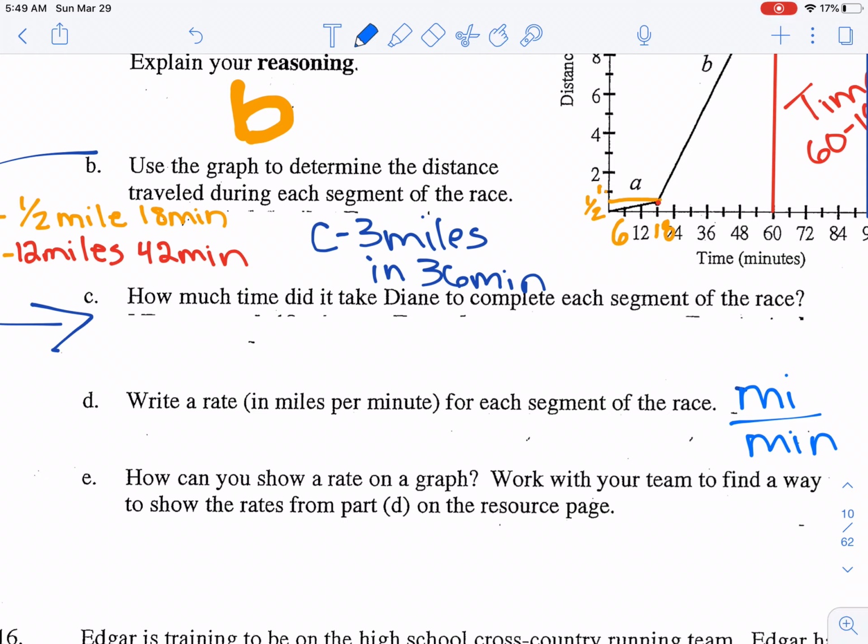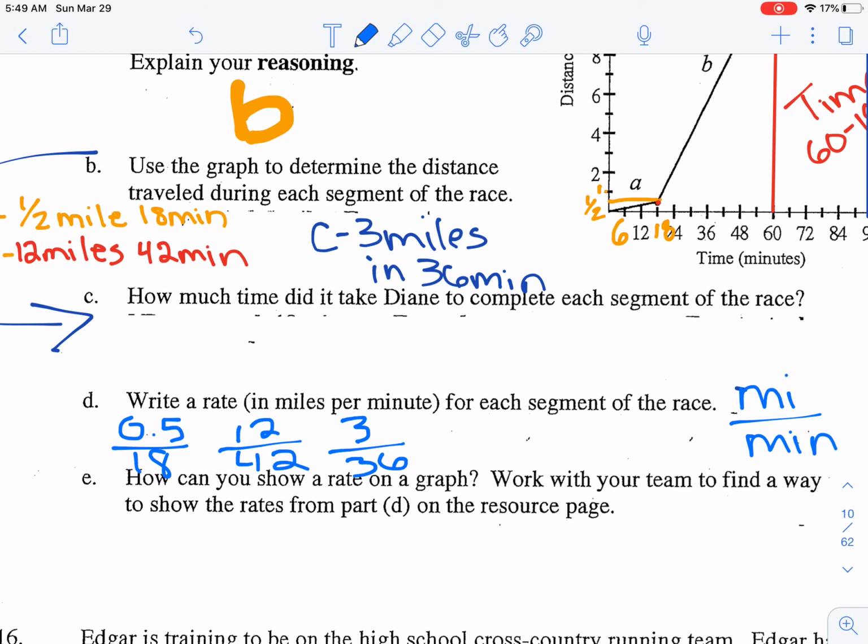So for A, 1/2 mile for every 18 minutes, so 0.5 for every 18 minutes. B was 12 miles in 42 minutes, and C was 3 miles in 36 minutes.